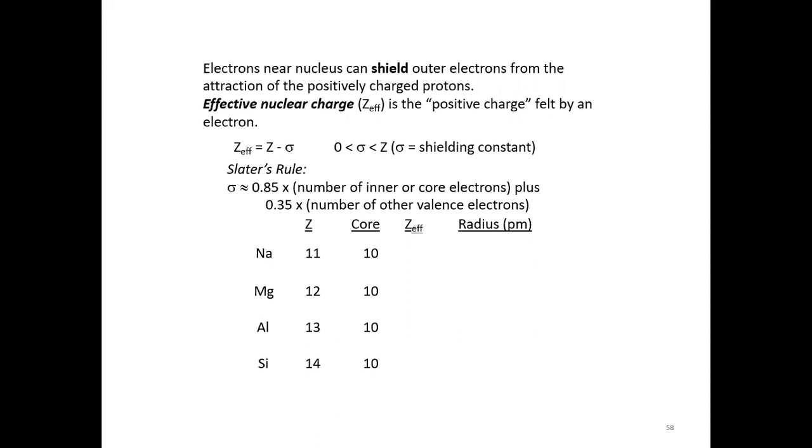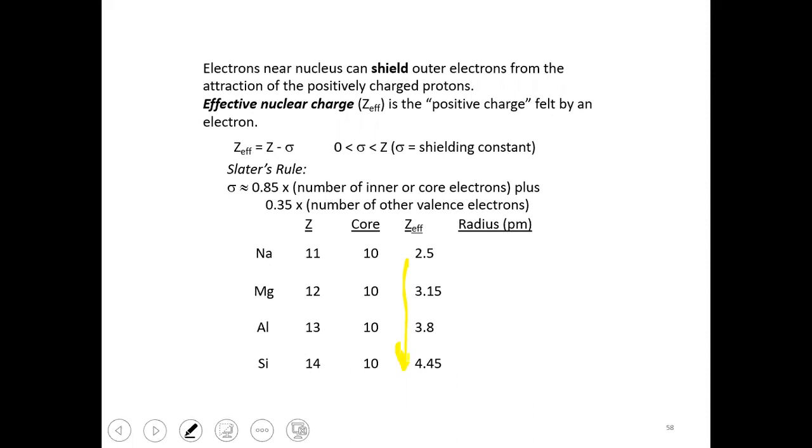If we keep doing this here, what we're going to find is that as we go from left to right in the periodic table, we see a progressive increase in the effective nuclear charge.